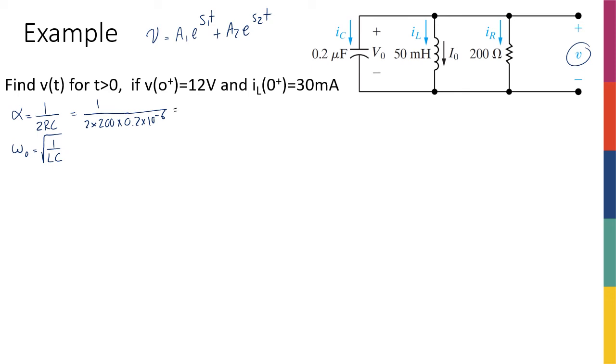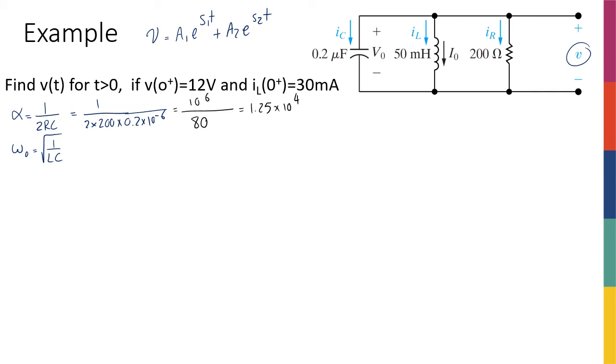I bring the 10 to the 6 up here, and 2 times 0.2 is 0.4 times 200, I'm going to have an 80. So 100 over 80 is 1.25, and the rest is going to be 10 to the 4. So that's my alpha.